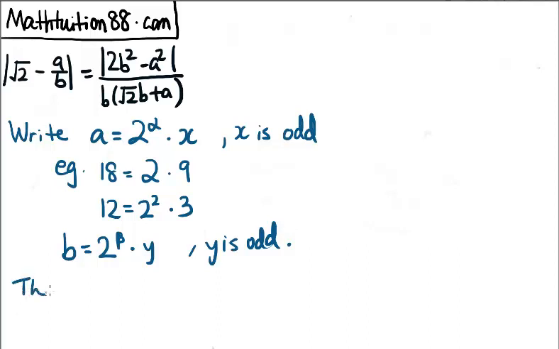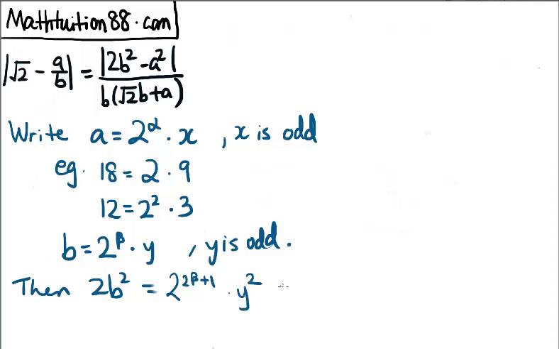Then 2b squared will actually be 2 to the power of 2 beta plus 1 times y squared.